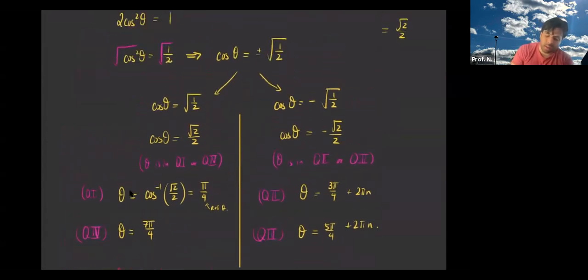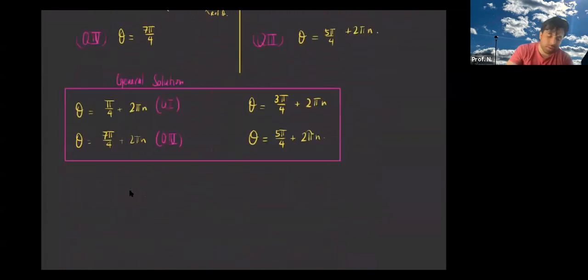But from this same equation, cosine could also be negative root 2 over 2, and these are the angles in quadrant 2 and quadrant 3. So again, guys, we're going back to having to understand coterminal angles, reference angles, and the All Students Take Calculus acronym to figure out where cosine is negative and where it is positive. Reference angles are important because once you have the reference angle, you can find the angles for every other quadrant.